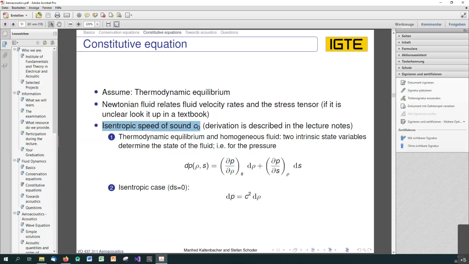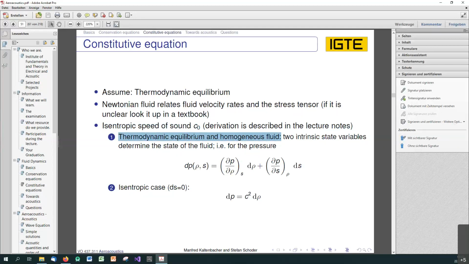So for instance, when we have the thermodynamic equilibrium and a homogeneous fluid, then two intrinsic state variables determine the state of the fluid. This holds for acoustics in the thermodynamic equilibrium.